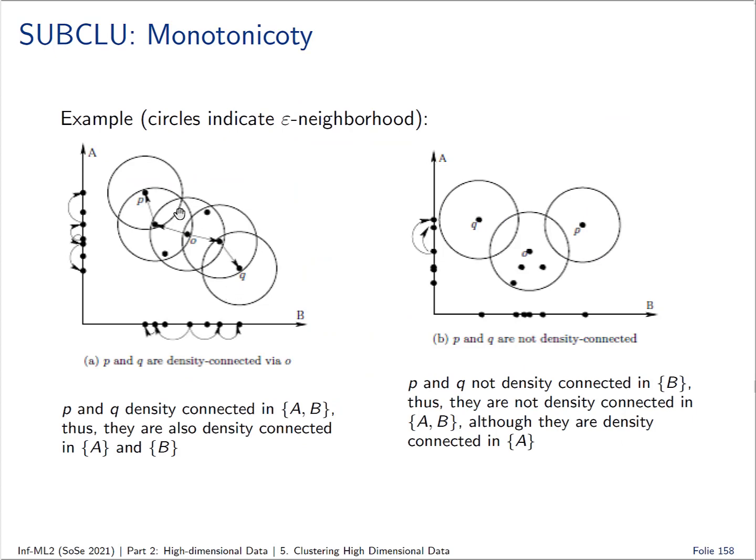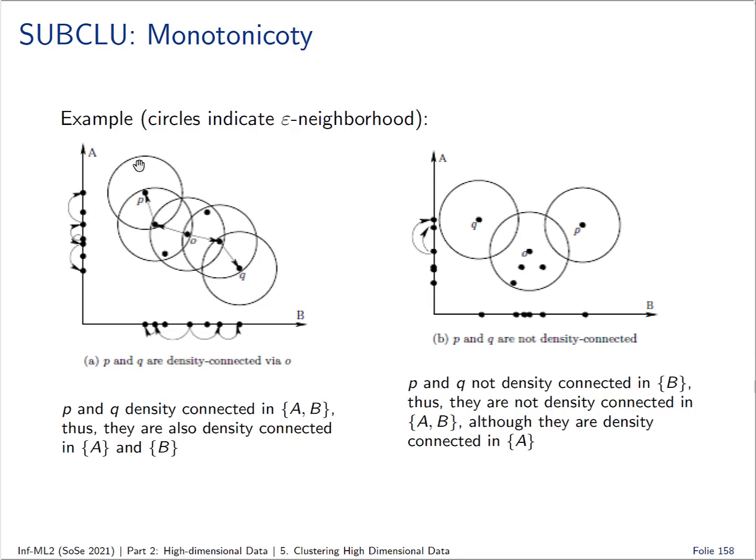We'll see why in this example here. So the circles here indicate the epsilon neighborhoods, and if P and Q are density connected, meaning that they are connected through some core points here, forget about the density threshold, especially about minPts. Let's just assume that we have this connection here.